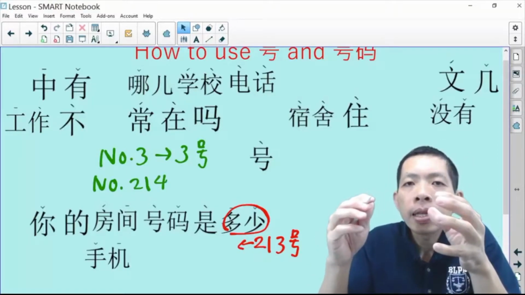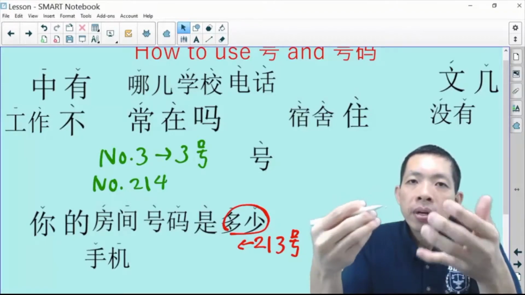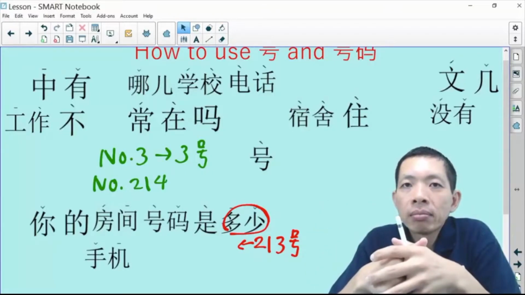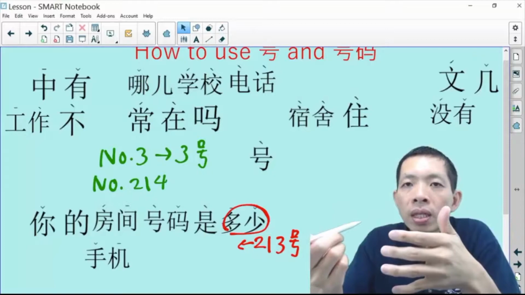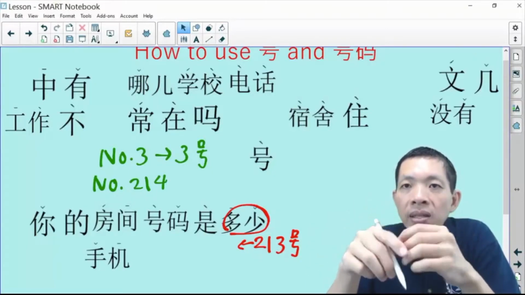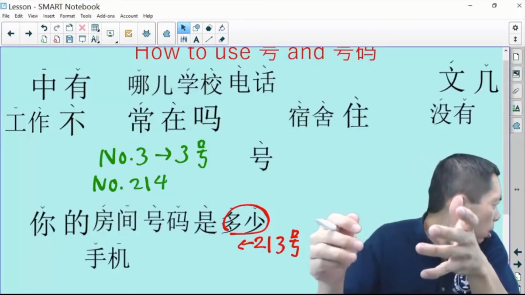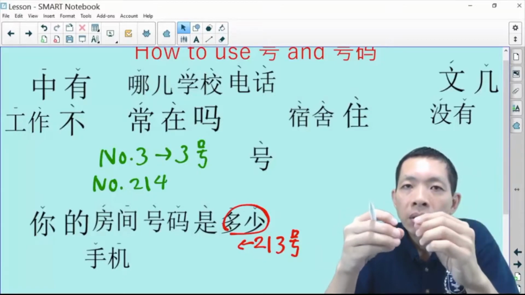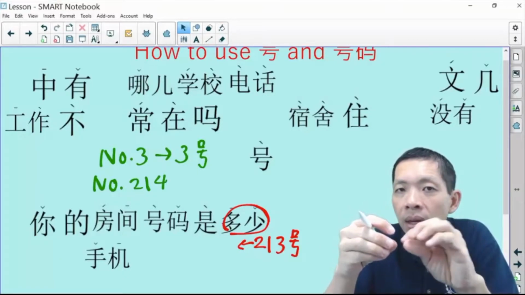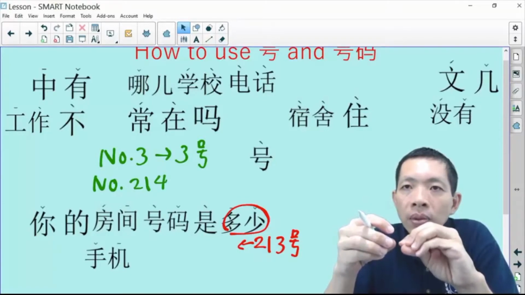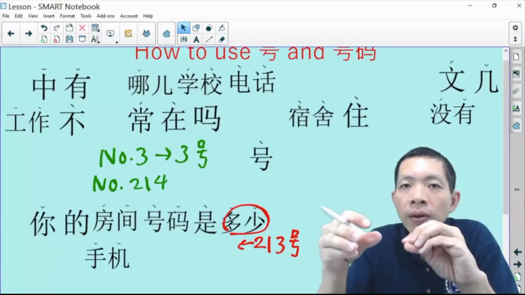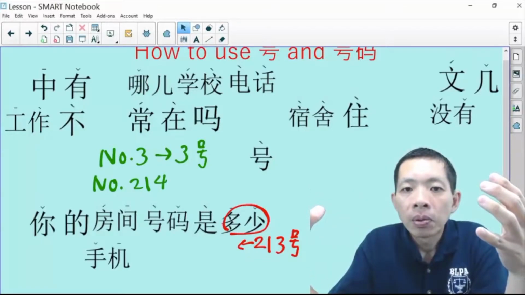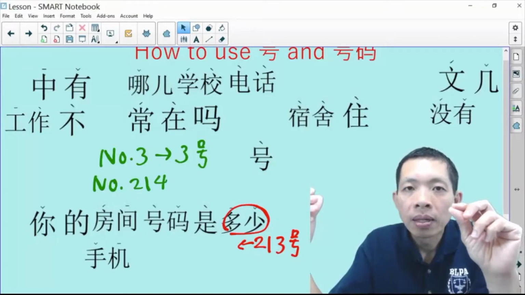So the bottom line is, if you are expecting the answer to be, hey, my room number is number 223, although you're not saying number 223, it's assumed. You do not say it out loud, but it's assumed there. So you need to put a 号 in there. Whereas if you use a cell phone number, you do not say number 223 556, and it is a very long string of numbers. That's the main difference.